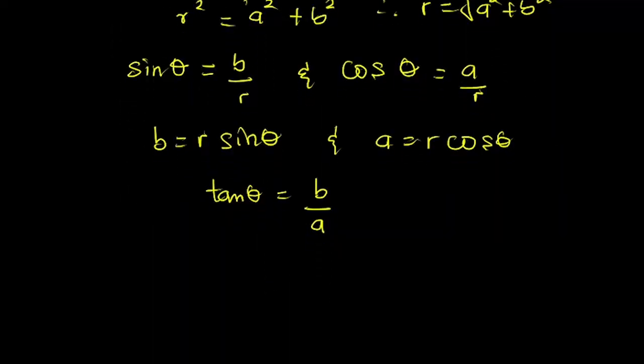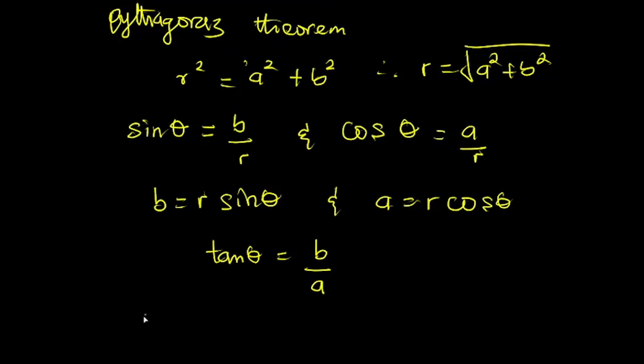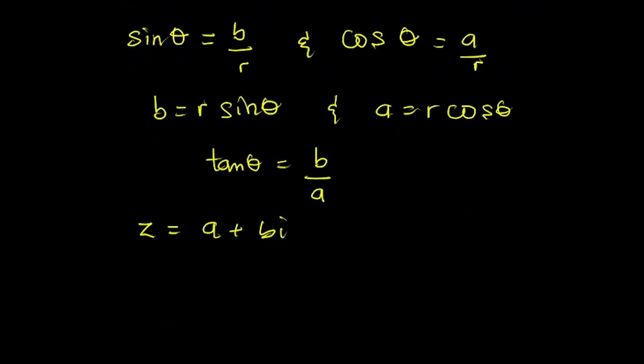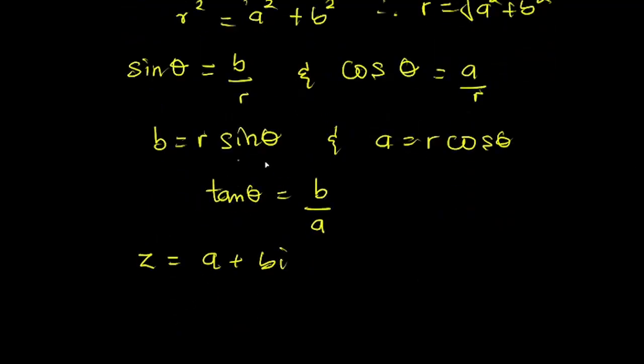But remember that the general form of a complex number is A plus what? A plus BI. But now that we've said our A is given as r cos theta, we can now see that complex number in polar form will be r cos theta plus our b, which is r sin theta, times I or j, whatever.